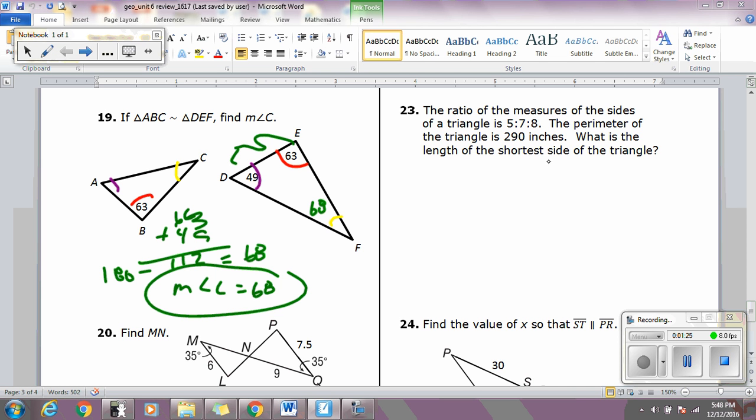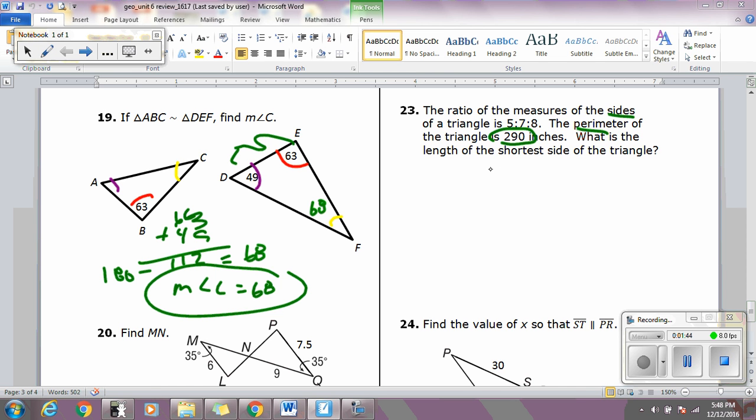On number 23 it says the ratio of the measures of the sides of a triangle is 5 to 7 to 8. The perimeter, which is all the sides added together, equals 290. Find the length of the shortest side.